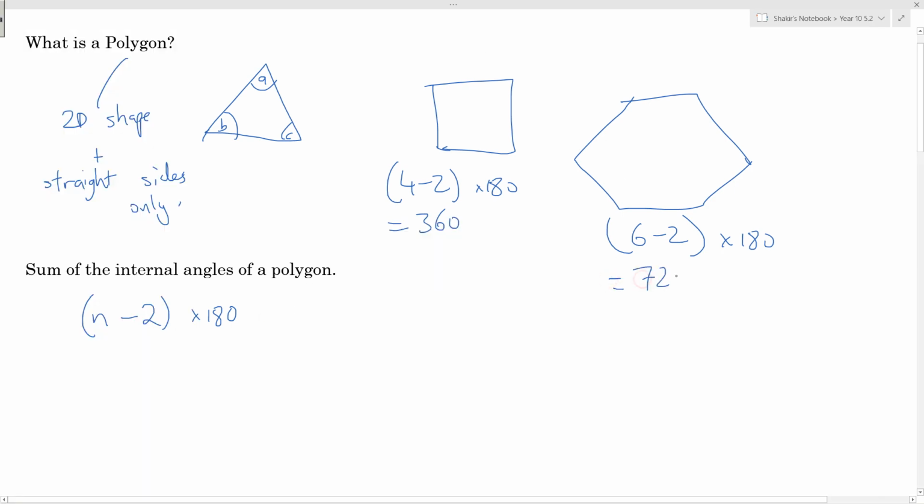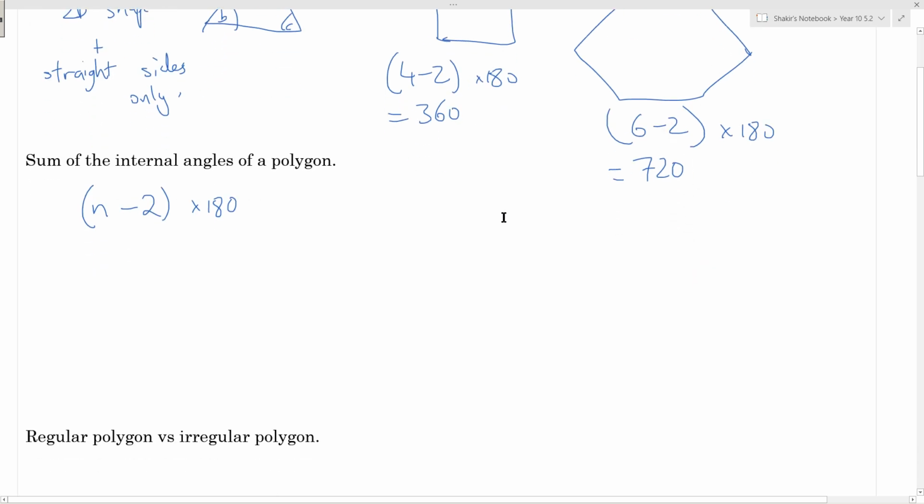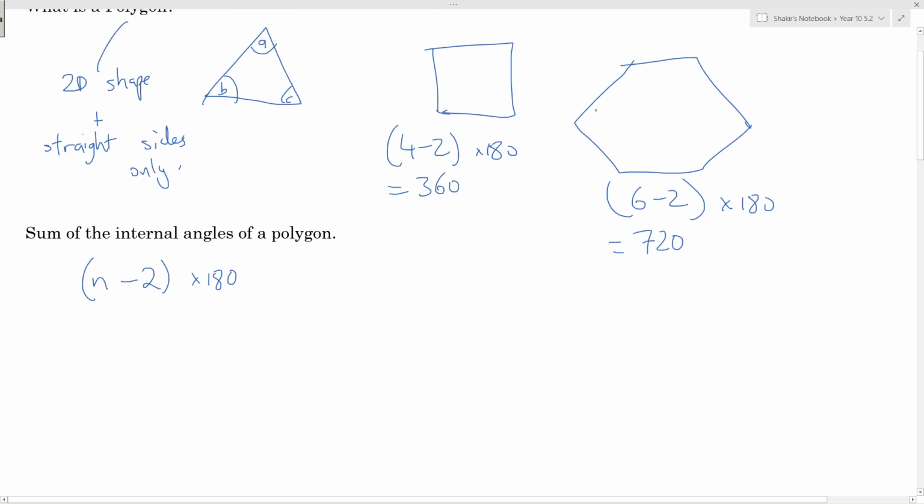And there you have it. The number of sides minus 2 times 180 will tell you the sum of all of the inside angles. It can be any polygon, any figure which has straight sides only.